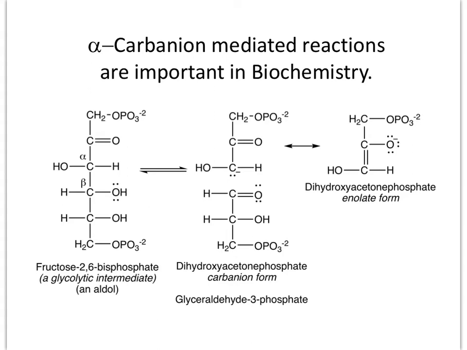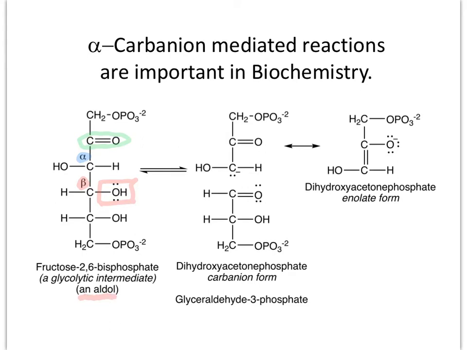And so in that, note that we have our carbonyl, right? We have our alpha carbon, we have our beta carbon, and on that beta carbon is a hydroxyl group. Thus, fructose 2,6-bisphosphate is an aldol.